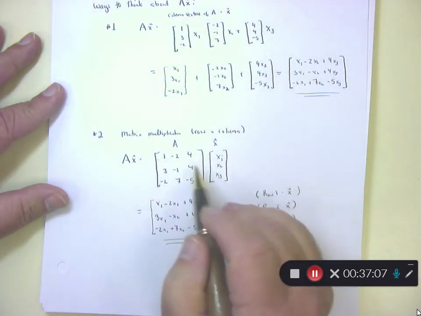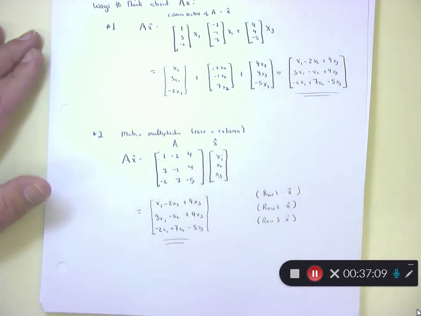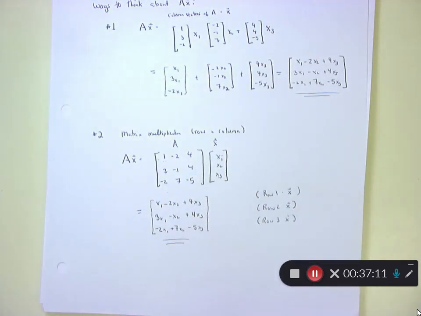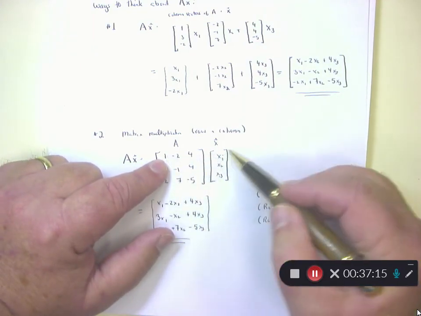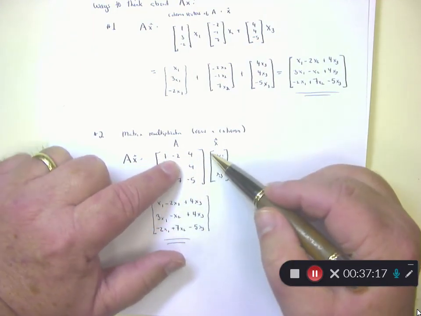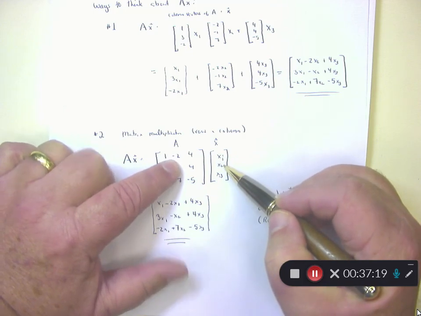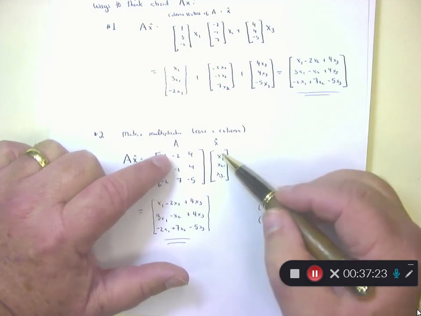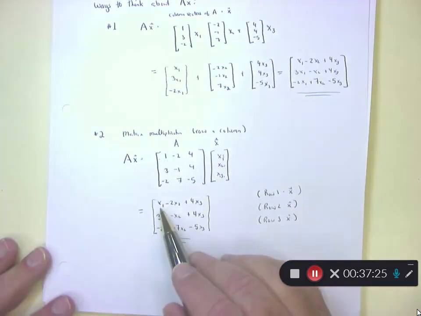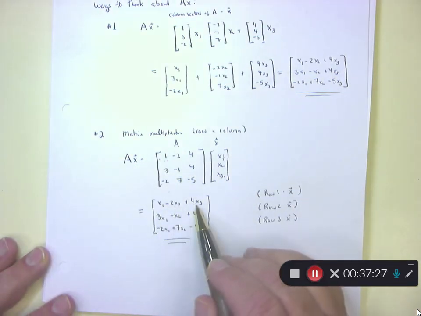Row by column. First row, first column becomes the first row, first column position. Row by column, and you line them up: 1 times x1 plus negative 2 times x2 plus 4 times x3. Row times column, and then you add them up: x1 minus 2x2 plus 4x3.